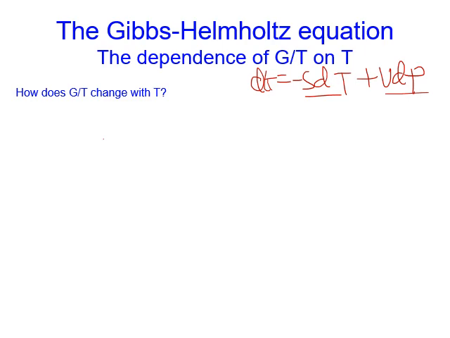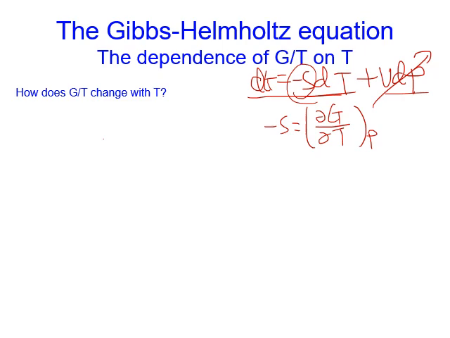When pressure is constant, dG equals negative SdT, so negative entropy is the partial derivative of Gibbs energy over temperature at constant pressure.